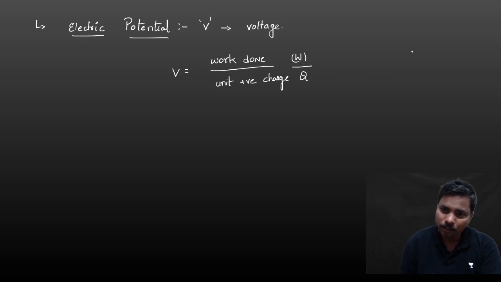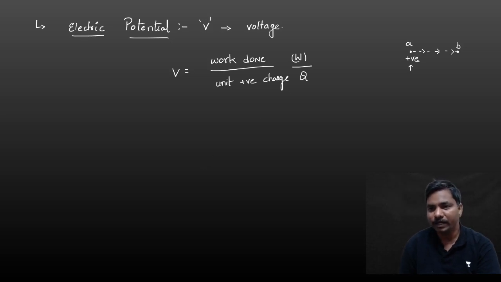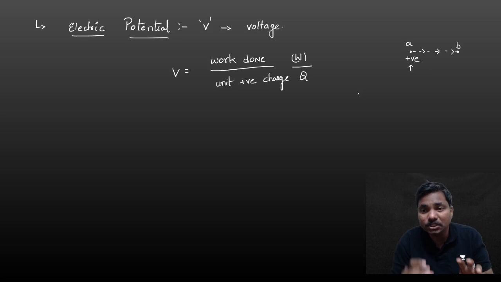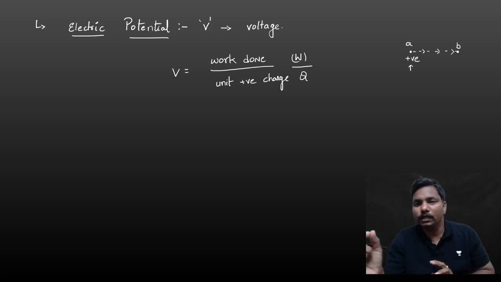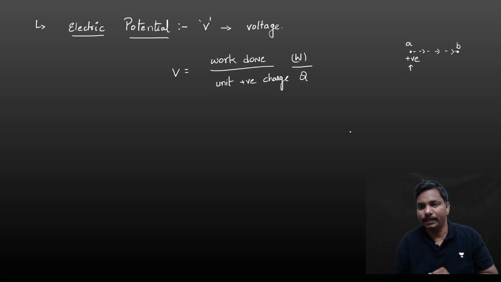For example, if the positive charge at this point has to move from this point to this point, that is A to B, then there is some work has to be done. That work done on this unit positive charge to move from A to B point is nothing but potential. Whenever it has some potential, then it moves from A to B. So you can also say that it is the energy required to move the electrons from one point to another point, or to move the charge from one point to another point.